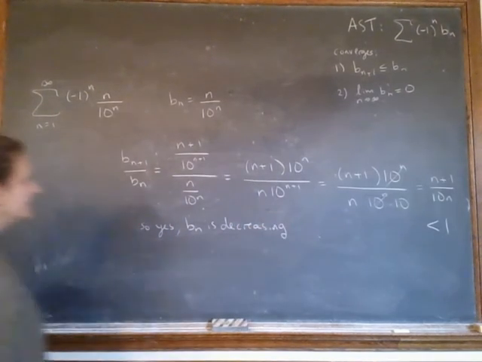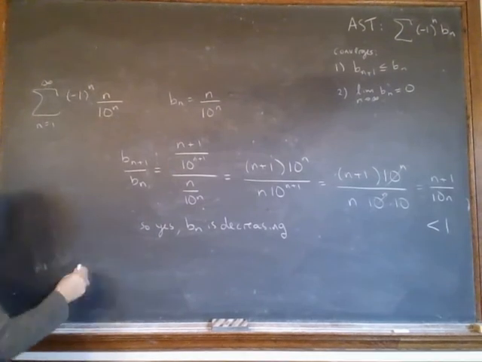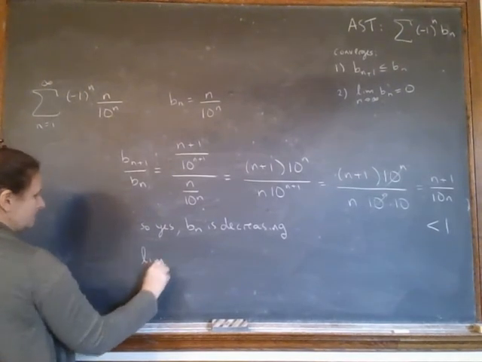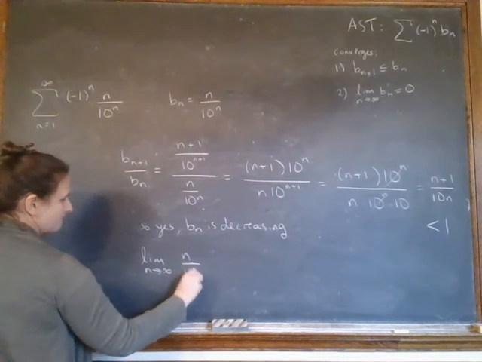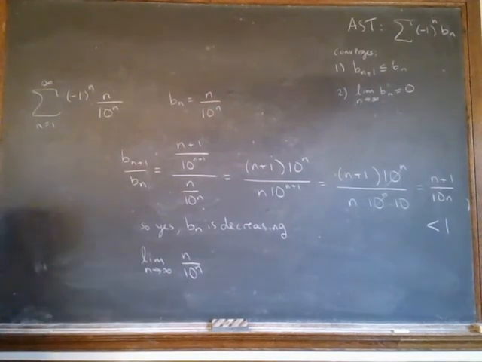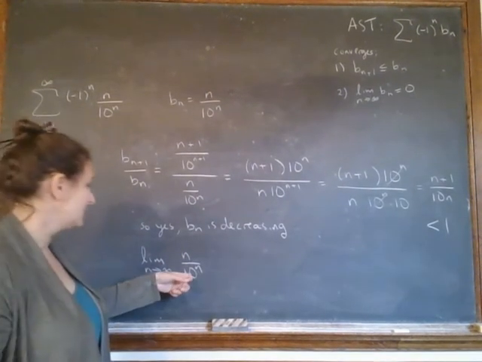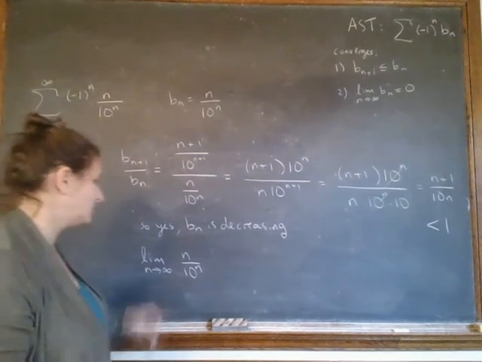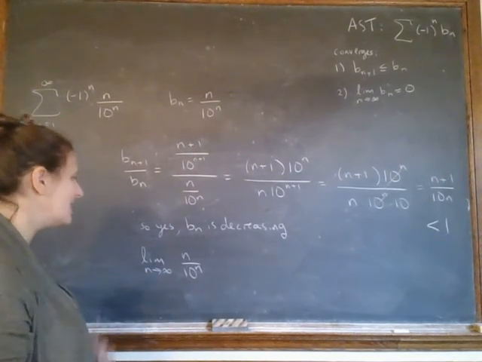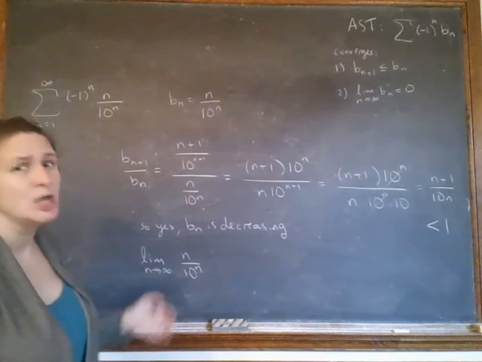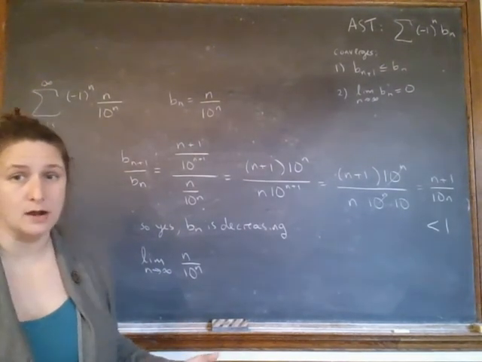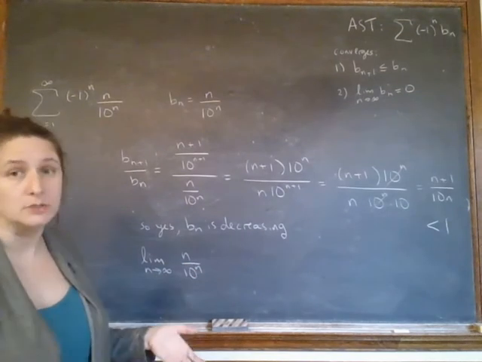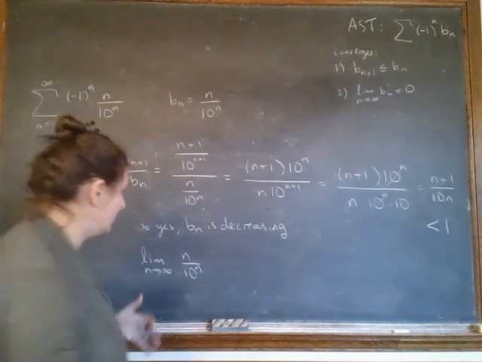Okay, now what about the limit? That's going to go to 0 because this bottom goes up much faster than that one, but how do I really show that? I can use L'Hopital's rule. Technically, I have to change the n to an x. Now, if you don't do that on your test, I'm not going to hunt you down because I know what you mean.